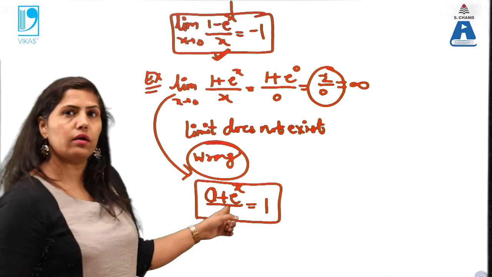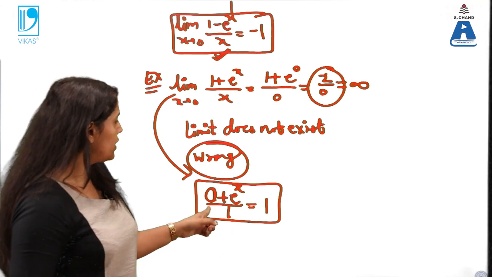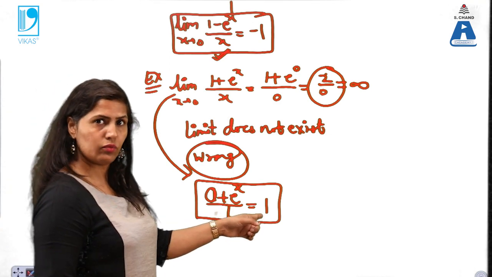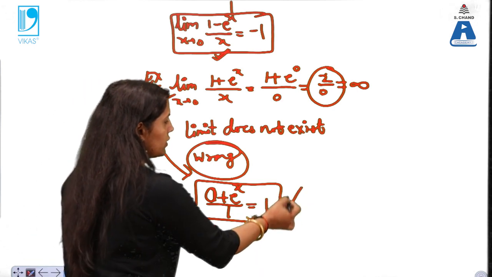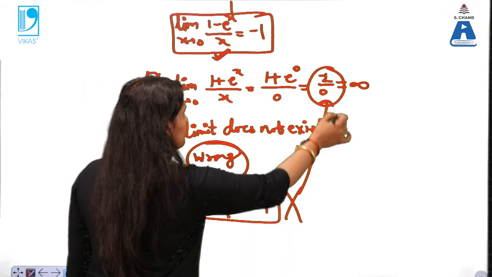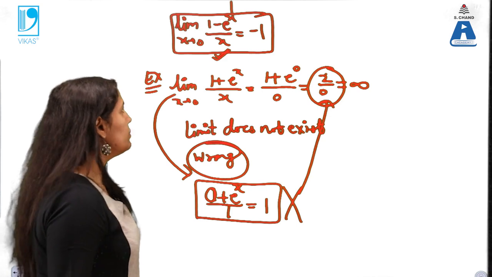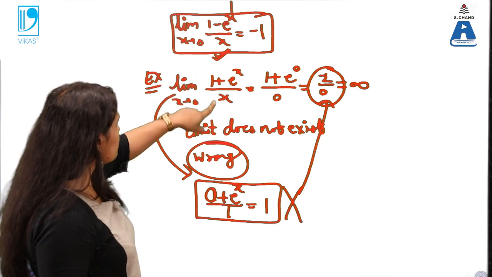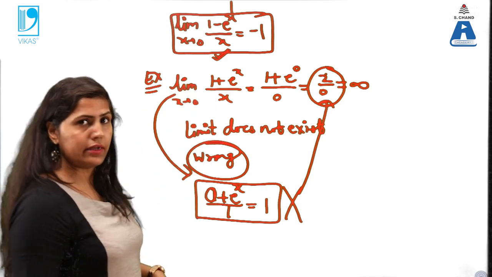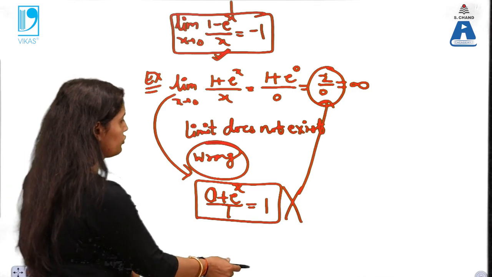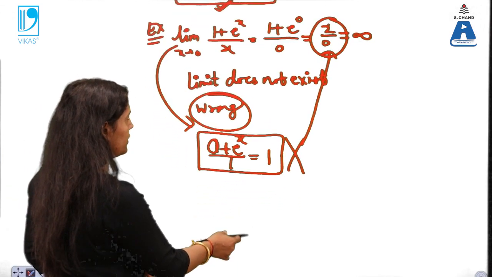It means if you are not clear with the concept, the limit answer will come out to be 1, which is wrong. It is not correct. The correct answer is that this limit is infinite, because this is 2 by 0 and ultimately it is infinity. So, you have to be careful when you are using L'Hopital rule.